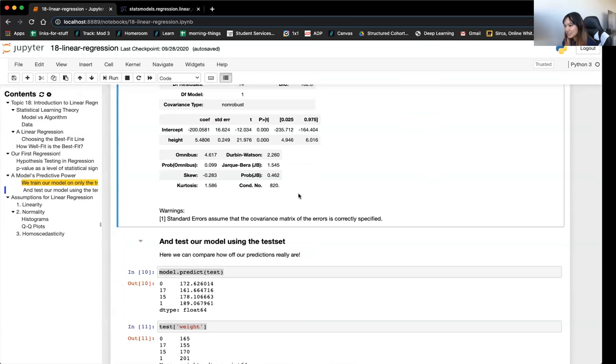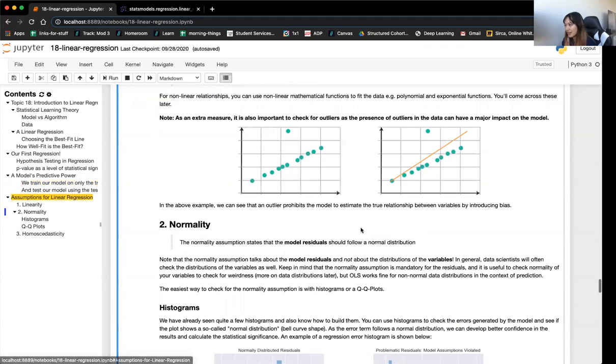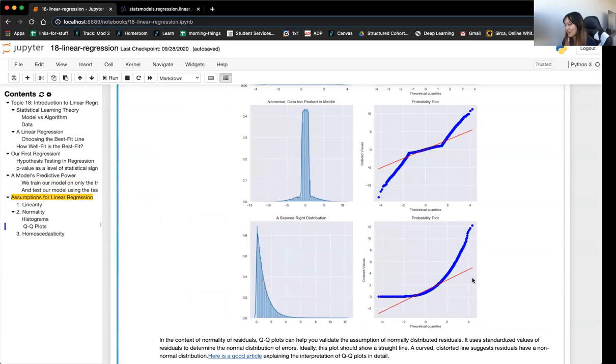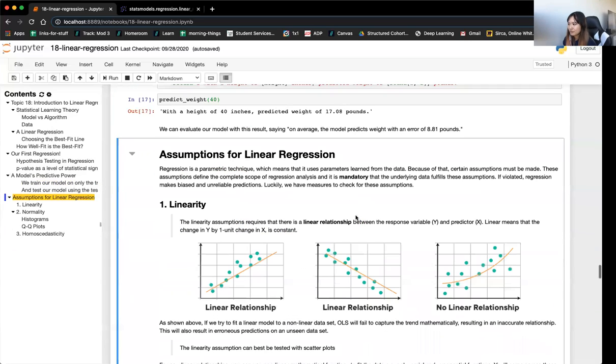Awesome. For the last part of this notebook, I wanted to talk about the assumptions for linear regression. I'm sure some of you saw a bunch of these funky plots during those presentations, so I wanted to talk about why those are important. Regression is a parametric technique, which means that it uses parameters that are learned from the data. So it's actually learning what the best intercept and what the best slope is for the line.